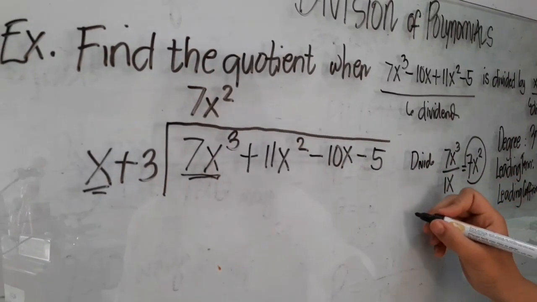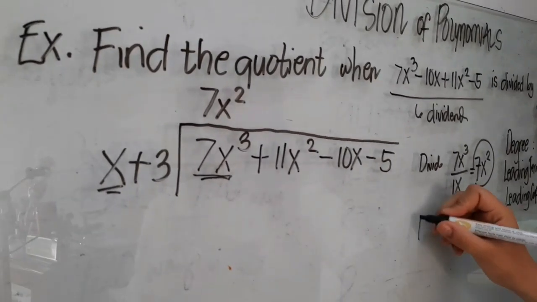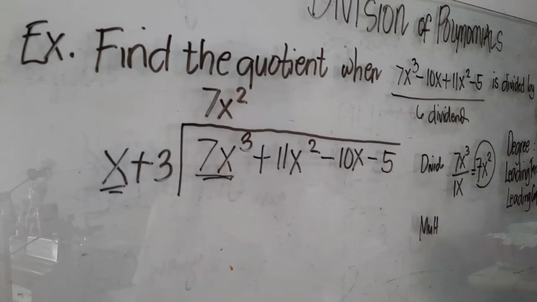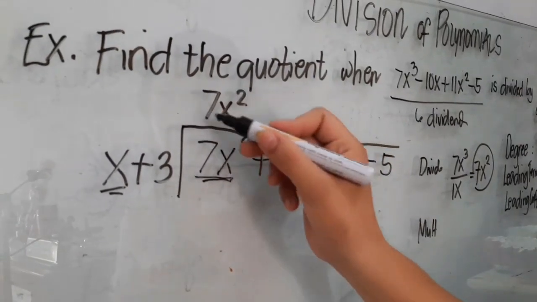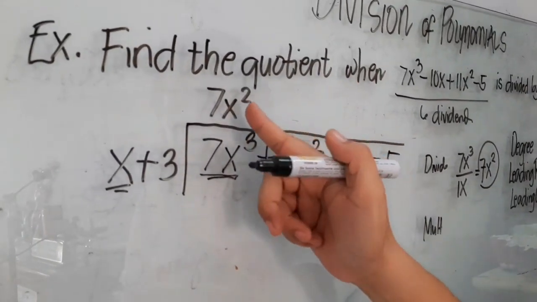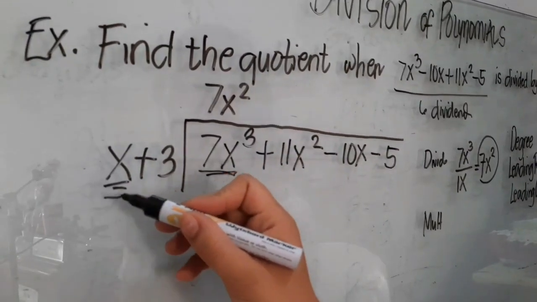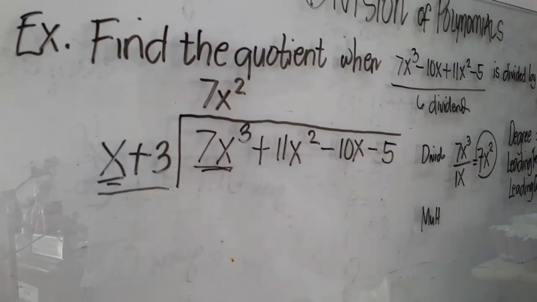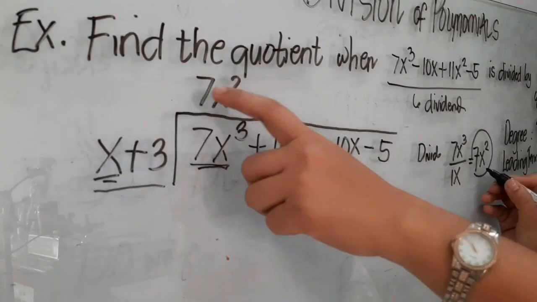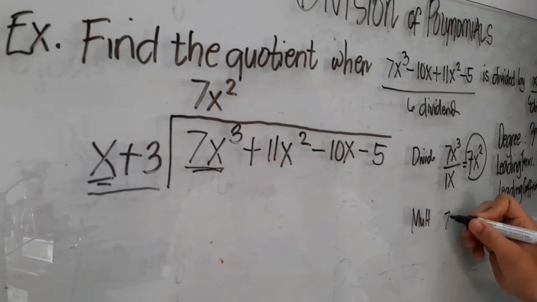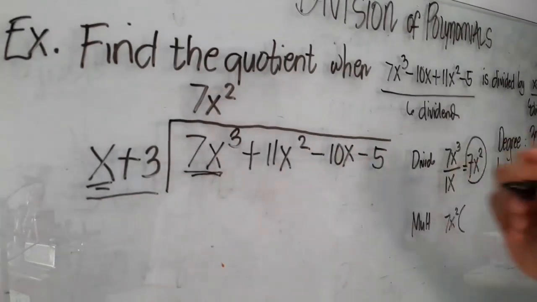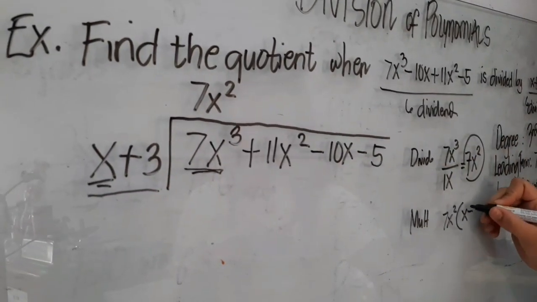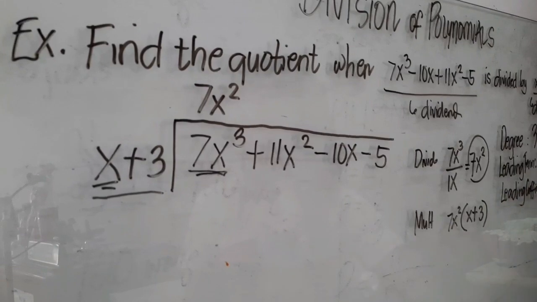Your second step is to multiply. You multiply your answer, which is your quotient 7x squared, by the whole divisor. I repeat, your answer, the quotient 7x squared, will be multiplied to the divisor which is x plus 3.